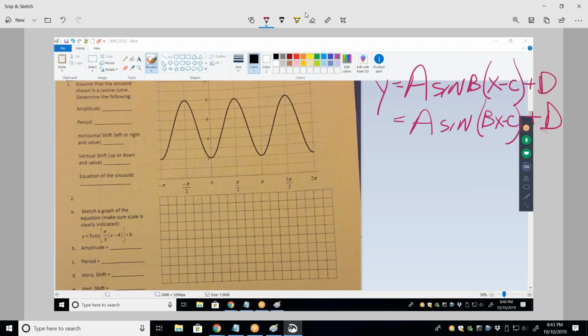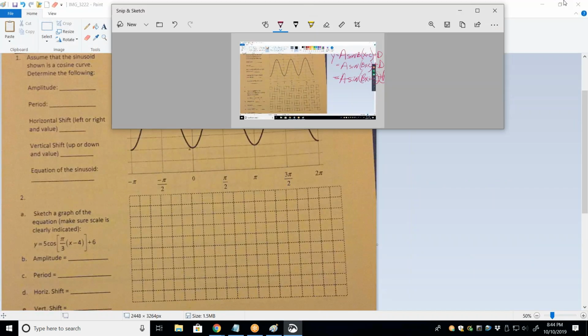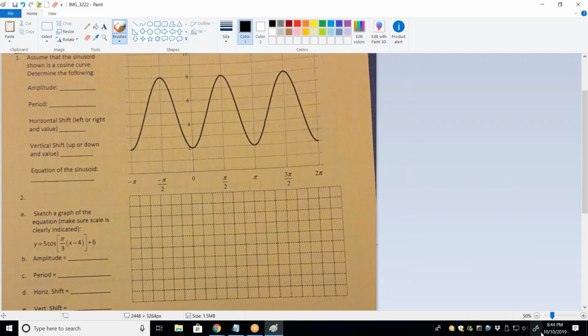So it matters what you're looking at in terms of your standard sinusoid equation. There's even another school system whose general equation is this, plus c. Believe it or not, there's actually 3 different general equations. And you just have to know which one you're looking at.